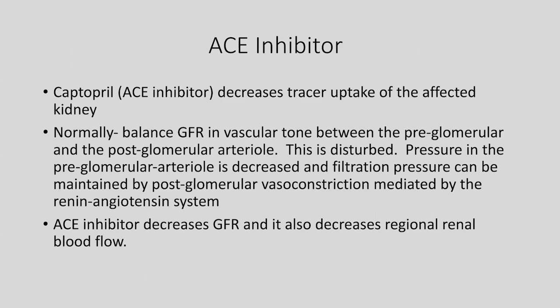We also use ACE inhibitors, captopril, which decreases the tracer uptake of the affected kidney. Normally, the balance of the GFR and vascular tone between the preglomerular and the postglomerular arteriole is disturbed in renal hypertension, and pressure in the preglomerular arteriole is decreased, and filtration pressure can be maintained by postglomerular vasoconstriction mediated by the renal angiotensin system.